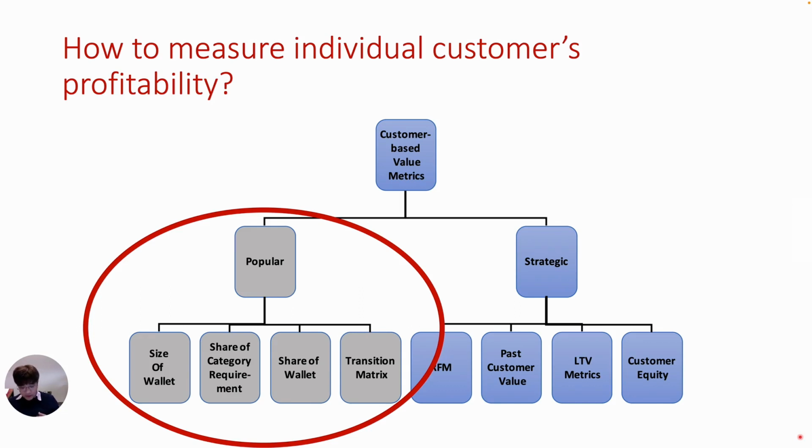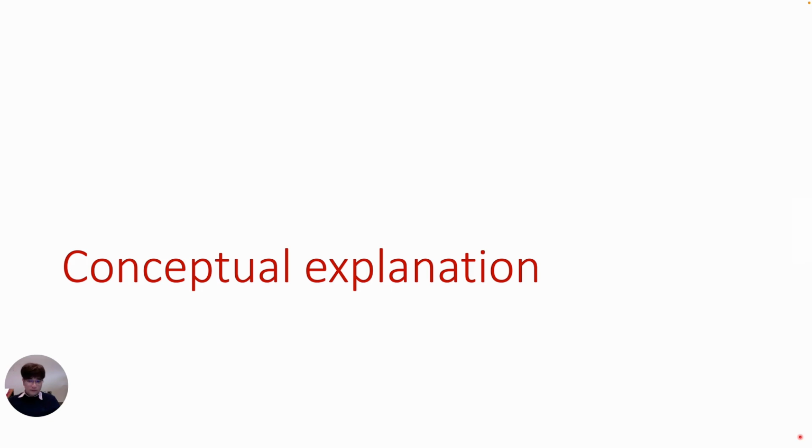Of course, there are lots of metrics that can be classified into this category, but I will introduce these four metrics: size of wallet, share of category requirement, and transition metrics. First, let me give you a conceptual explanation of those metrics.